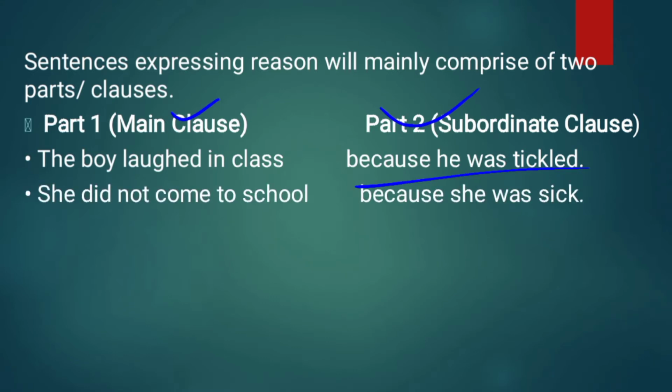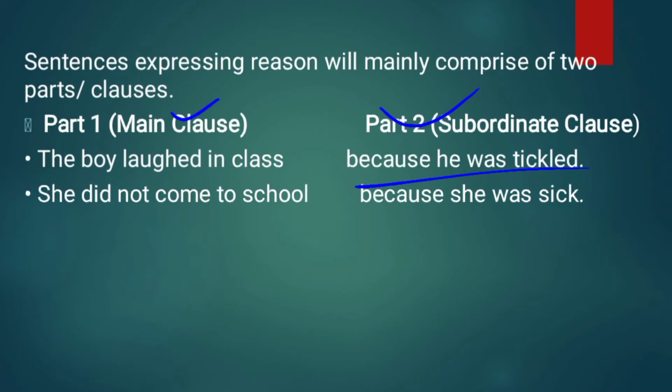Second example. She did not come to school. Why? Because she was sick. I hope you now have the knowledge about the sentences expressing reason. Now, let us look at some of the structures used to express reason. Which structures am I going to talk about here? Look at this. We have two clauses, the main clause and the subordinate clause.